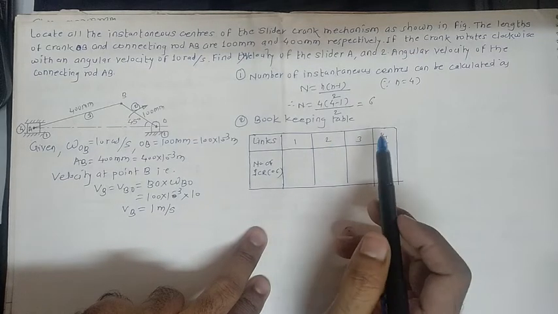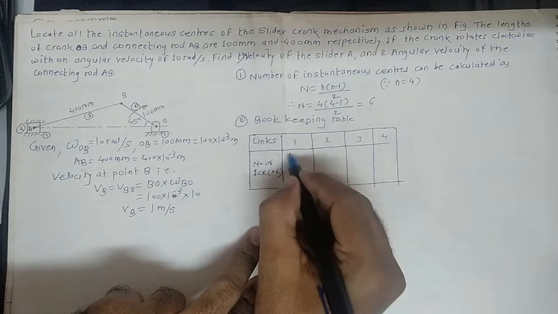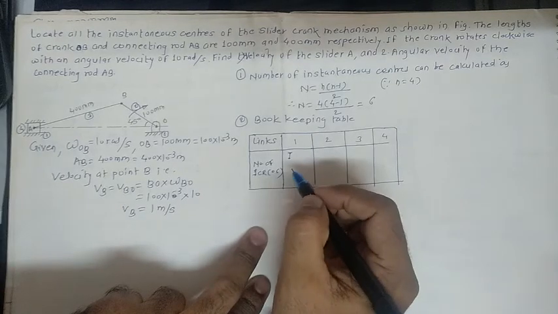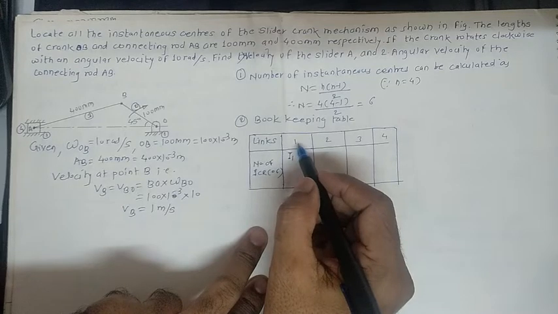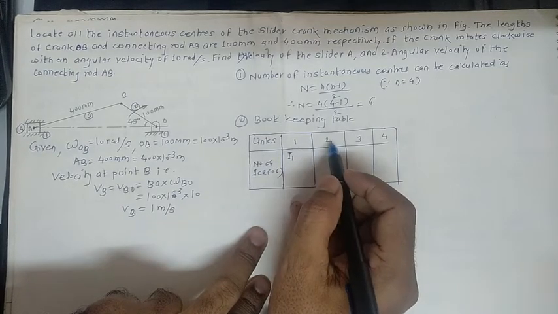Now with respect to link number 1, just write here I, giving the suffix 1 as it is, because the number for this link is 1, and see the next number is 2.